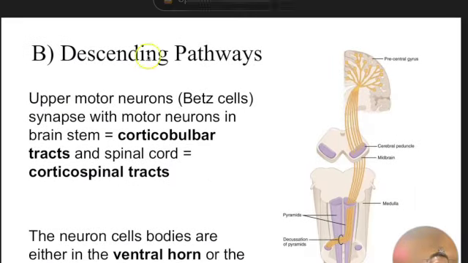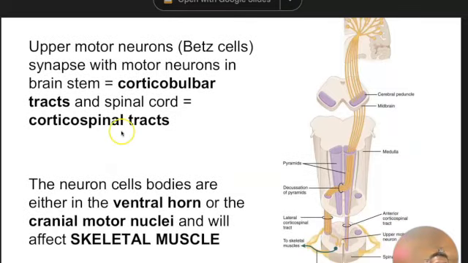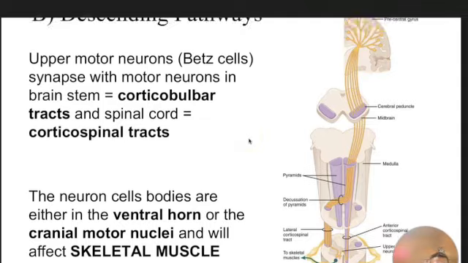So descending pathway, if you look at the name, there are two of them: corticobulbar, where cortical is your brain, bulbar tract, and the corticospinal. So these are the two descending tracts.